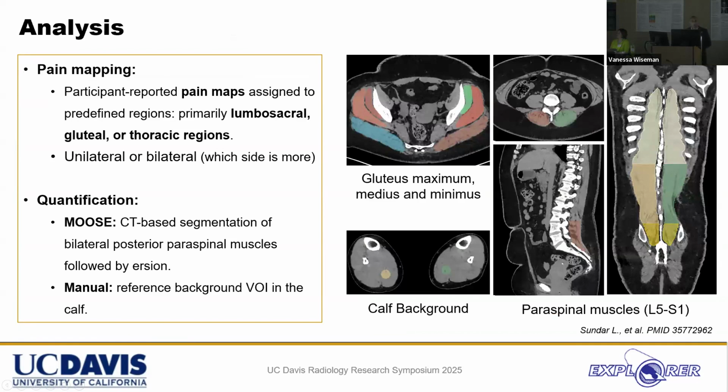Since the patients pointed out their pain on a diagram, we needed to map these locations to their corresponding regions. We segmented multiple muscle regions on the CT. Initially, we thought to use some areas that are known not to have trigger points, like the calf, as background.